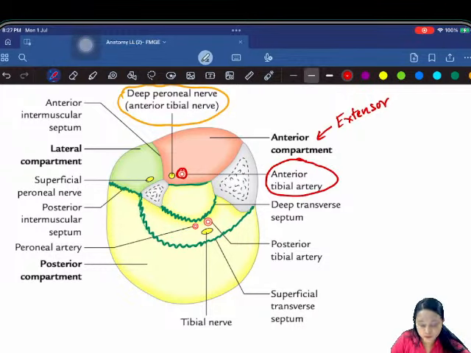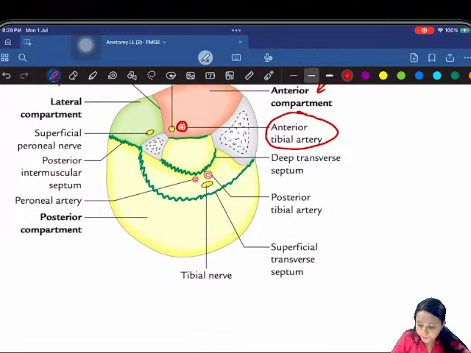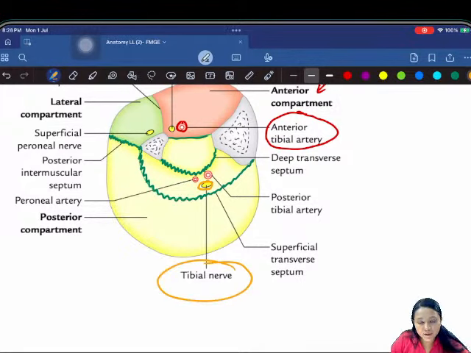Now the posterior compartment. The main nerve of the posterior compartment is the tibial nerve. If they give any muscle of the posterior compartment and ask the nerve supply, the answer will be the tibial nerve. We will study the muscles in the compartment one by one.